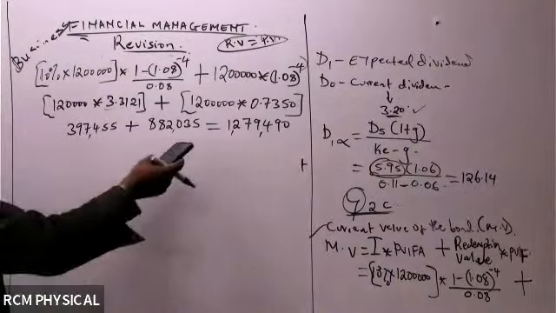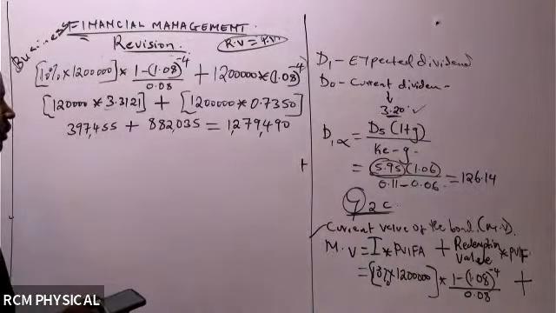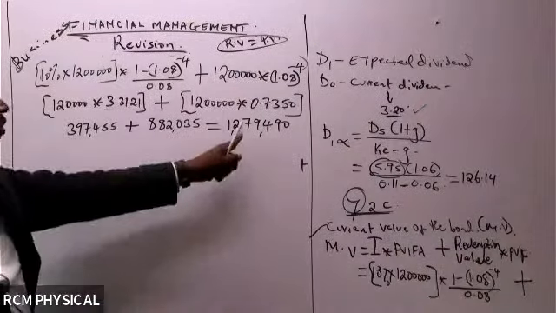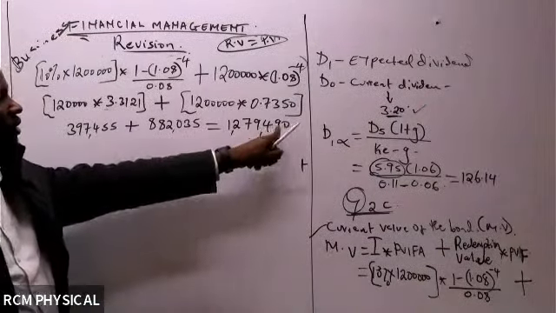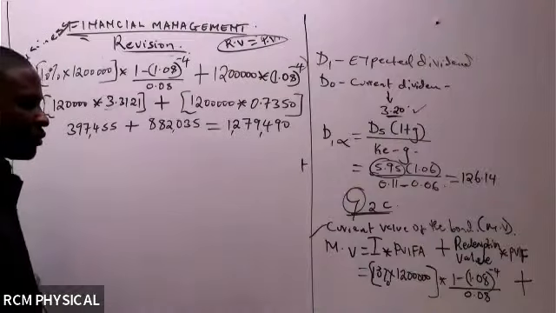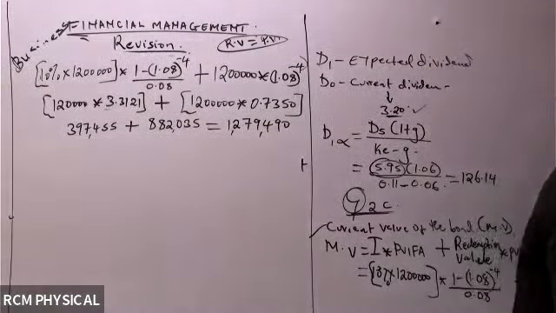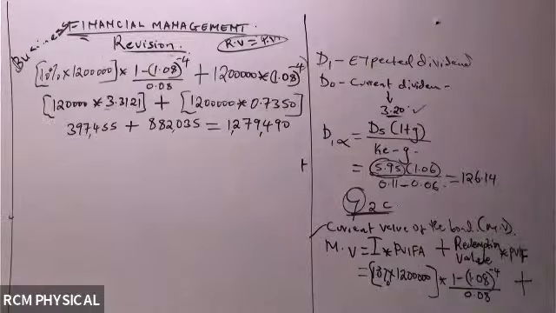When you compare with the par value, it's above the par value of 79,490. So what do you do? The value is higher.